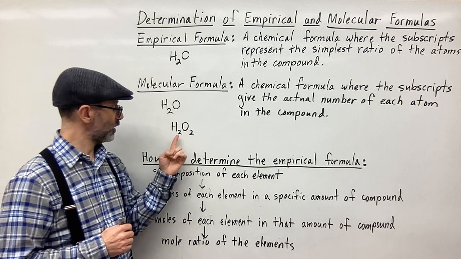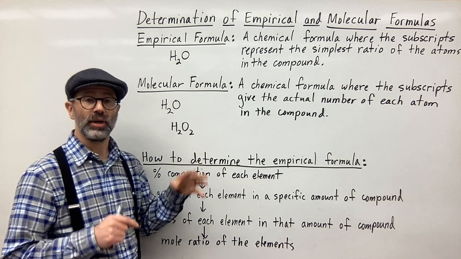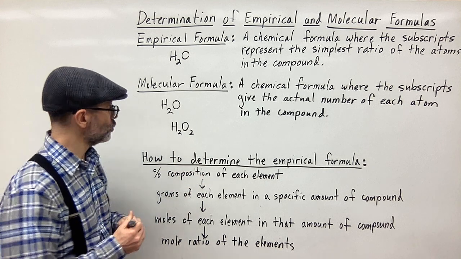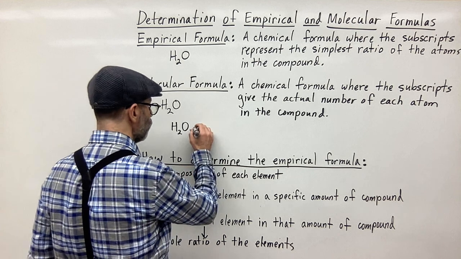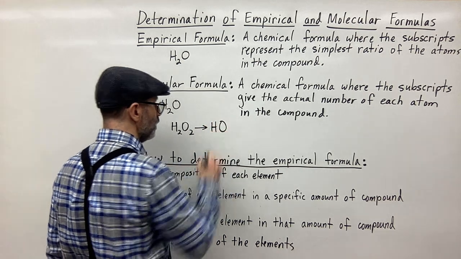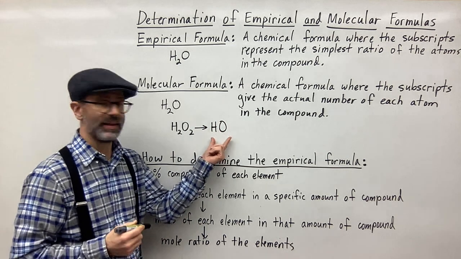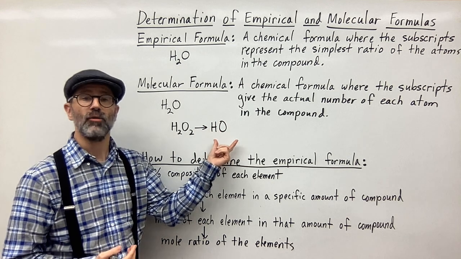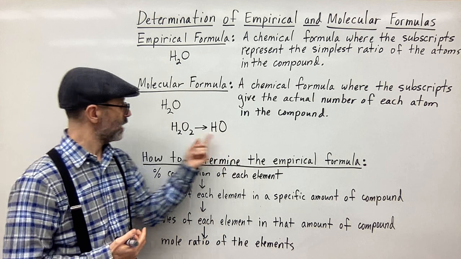You can notice that we have a 2 and a 2. We can reduce or simplify that to 1-to-1. So if we simplify it, the formula would be like that. Now, this here is the empirical formula for hydrogen peroxide, as you can see.